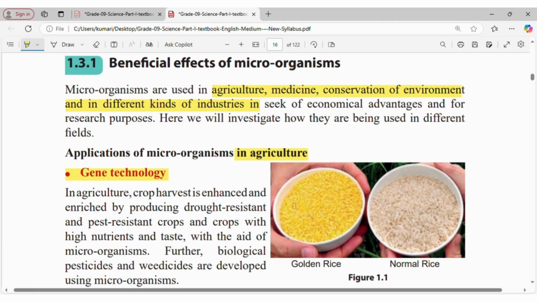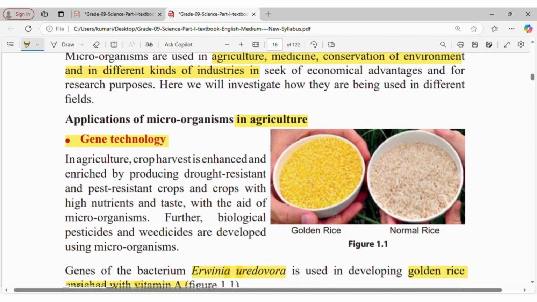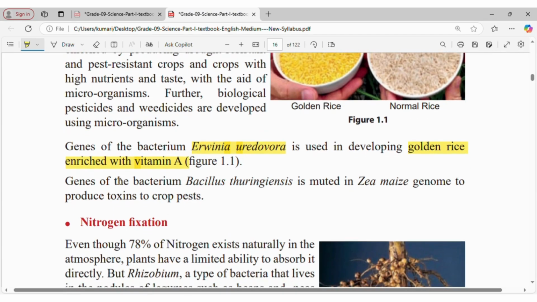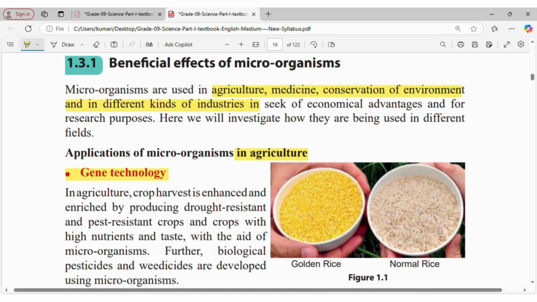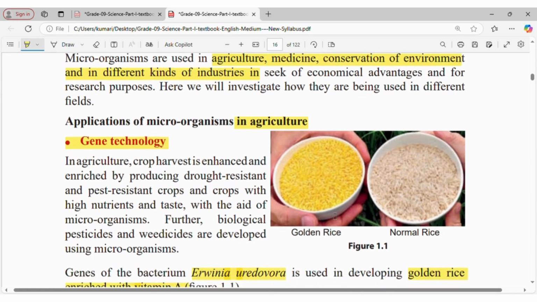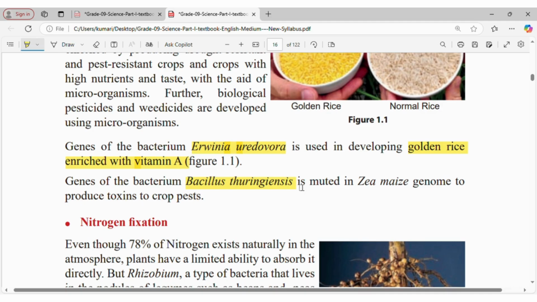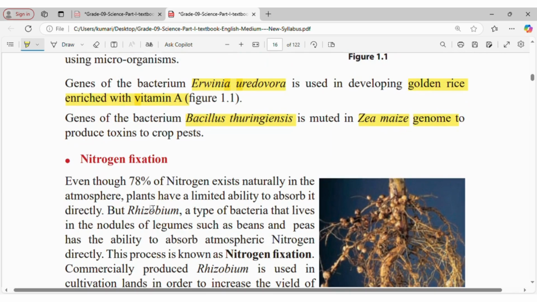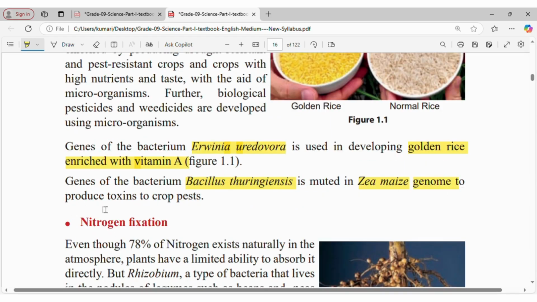You can see it's gold, yellow in color. The normal rice is off-white in color. Genes of the bacterium Bacillus thuringiensis are inserted into the Zea mays genome to produce toxins to crop pests. Actually, it's a biopesticide, something like that, to produce toxins.